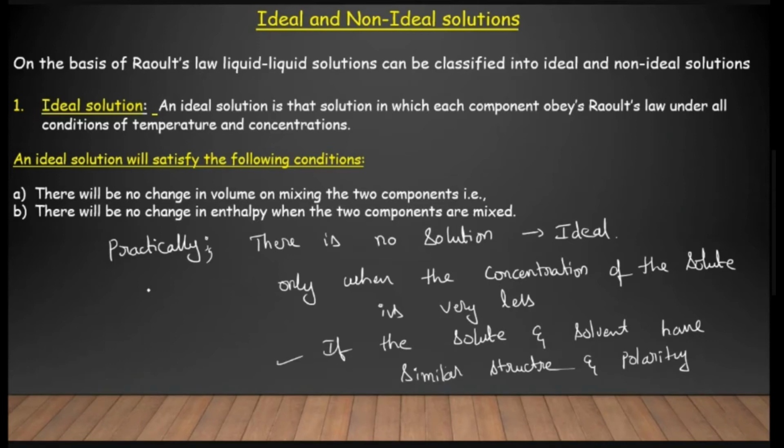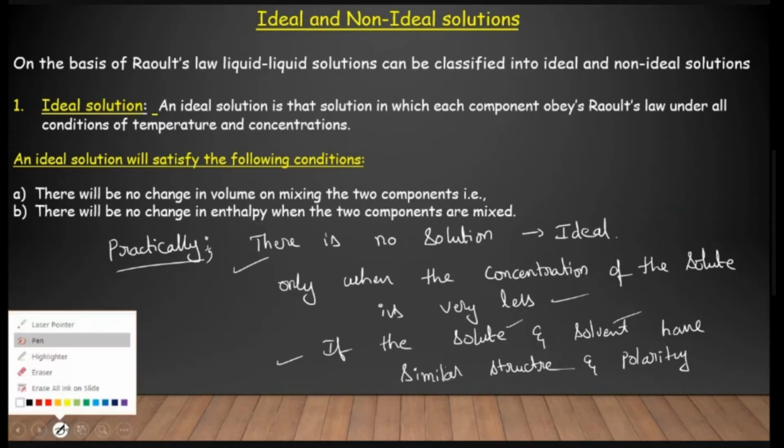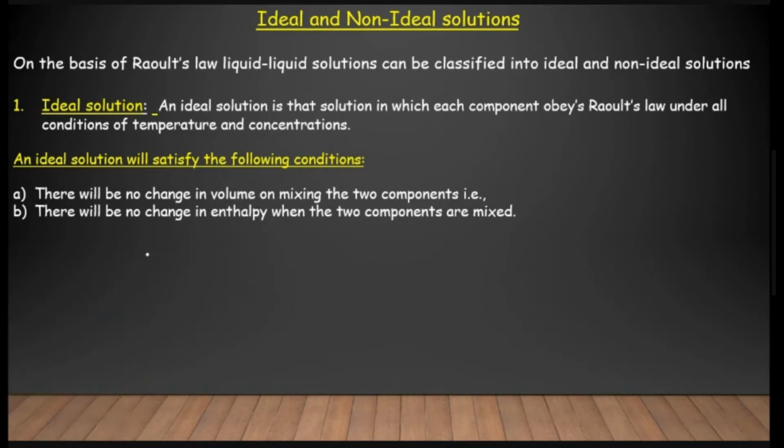So practically there is no solution which is exactly ideal, but they behave like an ideal solution only when the concentration of the solute is very less, or the structure of both the solute and solvent is exactly similar and the polarity is similar. Okay, let us see some examples of ideal and non-ideal solutions.